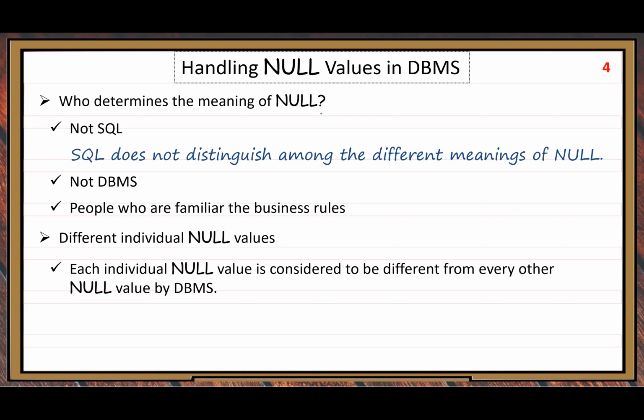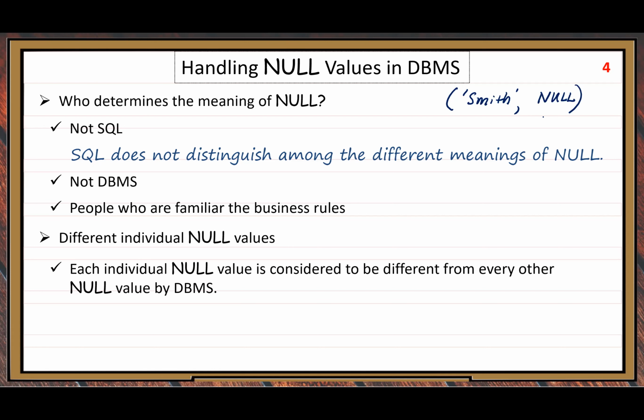Okay, all right. So for example, you may argue, what kind of difference, right? So here I give you an example. One person's name, Smith, and another name we do not know, so it's null.